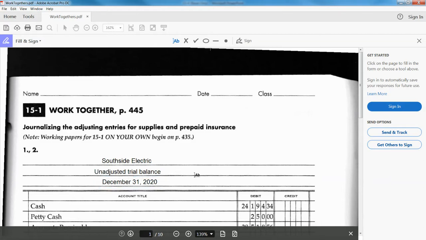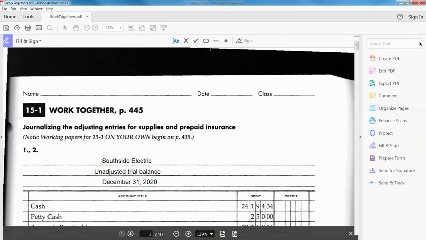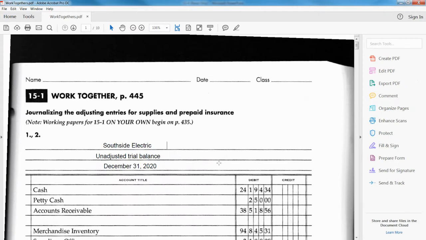Now, the directions in the book tell us that we need to get the balances for allowance for uncollectible accounts, supplies store, accumulated depreciation, office equipment, and insurance expense from the ledger accounts. So the first one is allowance for uncollectible accounts.